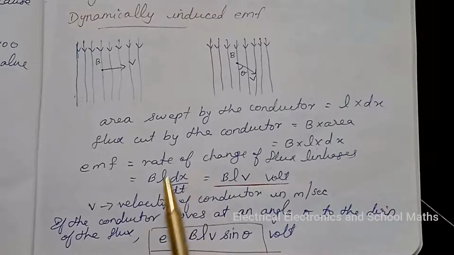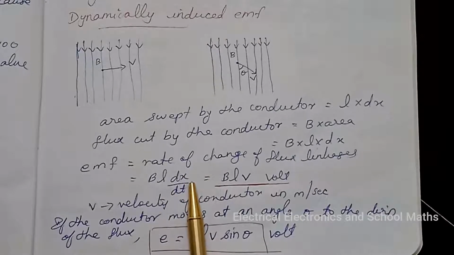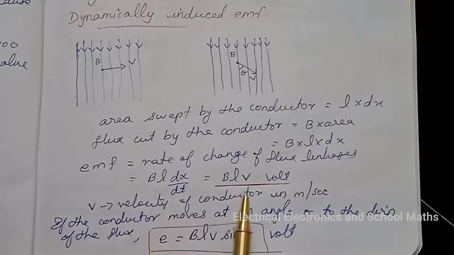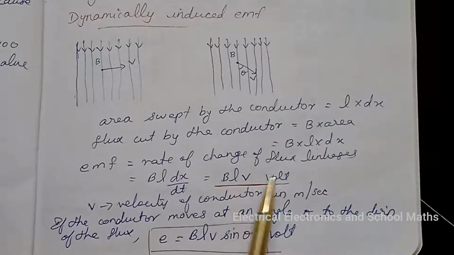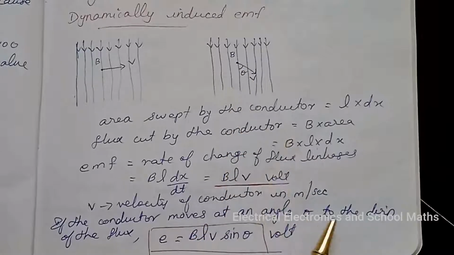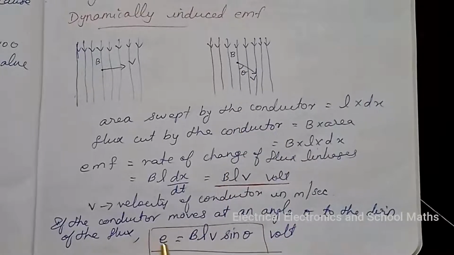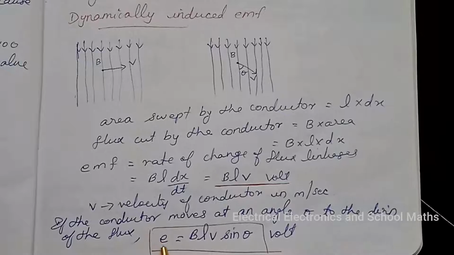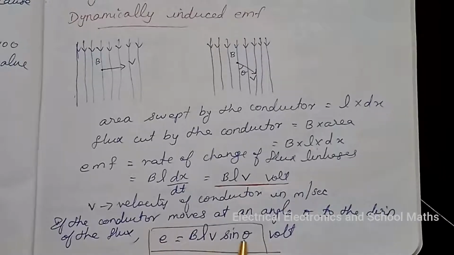And we know dx by dt is the velocity of the conductor, that is BLv volts. And if the conductor moves at an angle theta to the direction of the flux, then we have induced EMF equal to BLv sin theta volts.